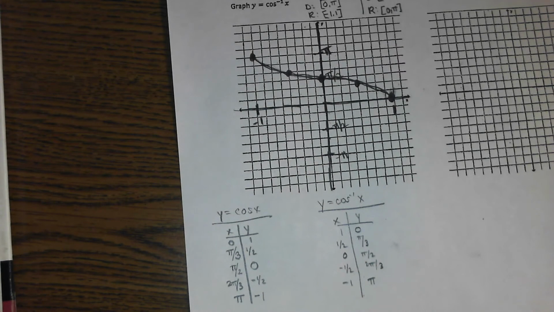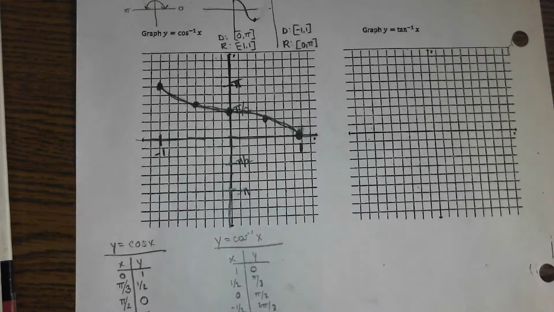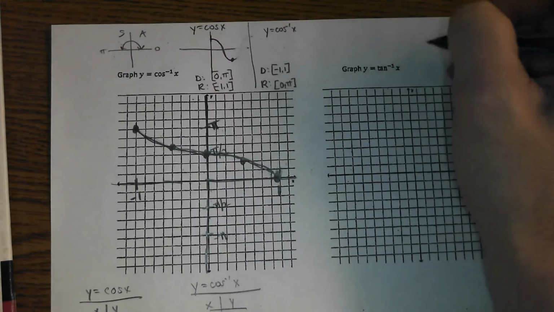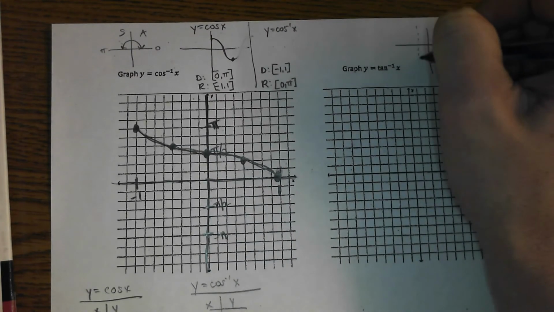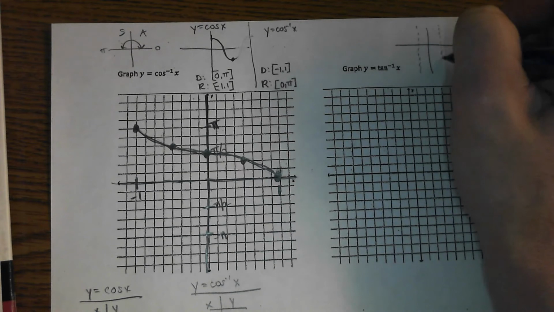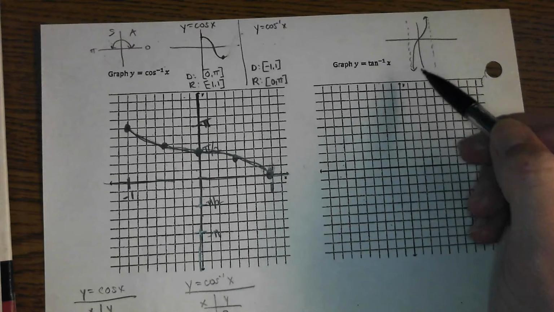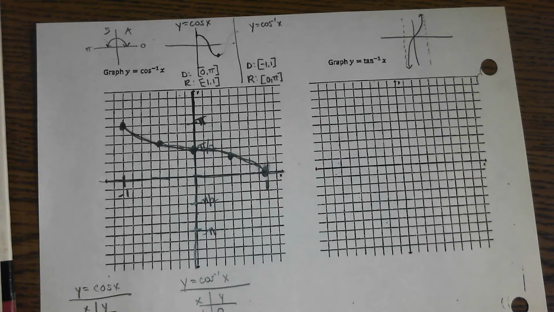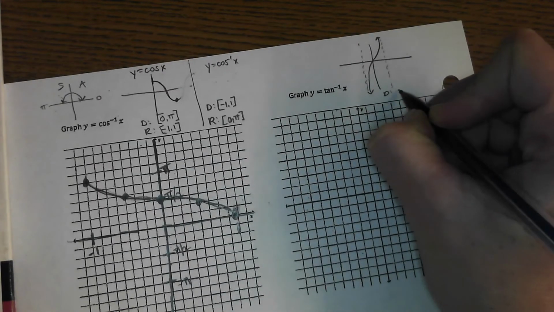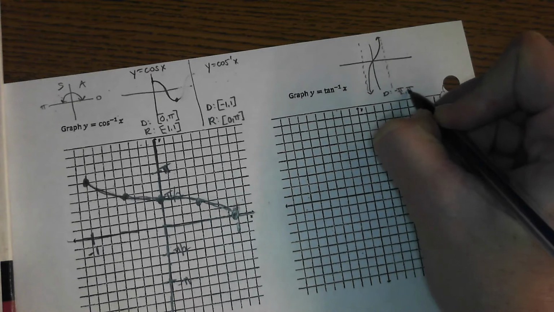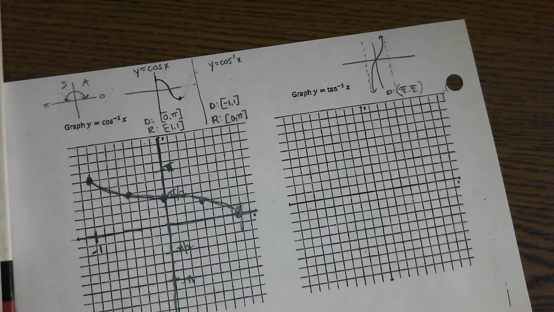And inverse tangent. Your tangent graph has asymptotes at negative pi over 2 and positive pi over 2. And that section in between does already pass the horizontal line test. So the domain that we'll look at will be from negative pi over 2 to pi over 2, except with parentheses this time.